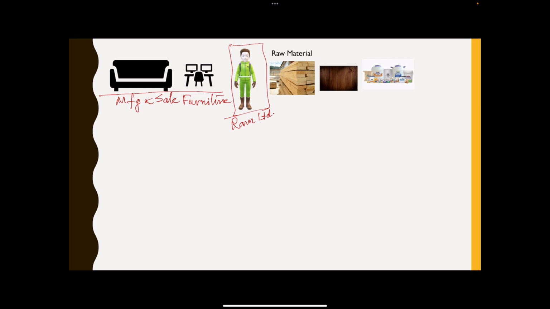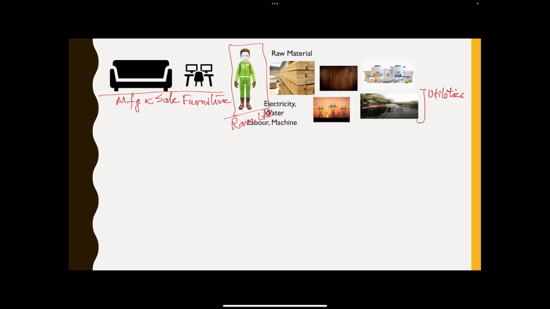Apart from that, he will require some utilities, like electricity and water. But he cannot manufacture unless there is labor and machinery, so he will require labor and machines to manufacture the furniture.